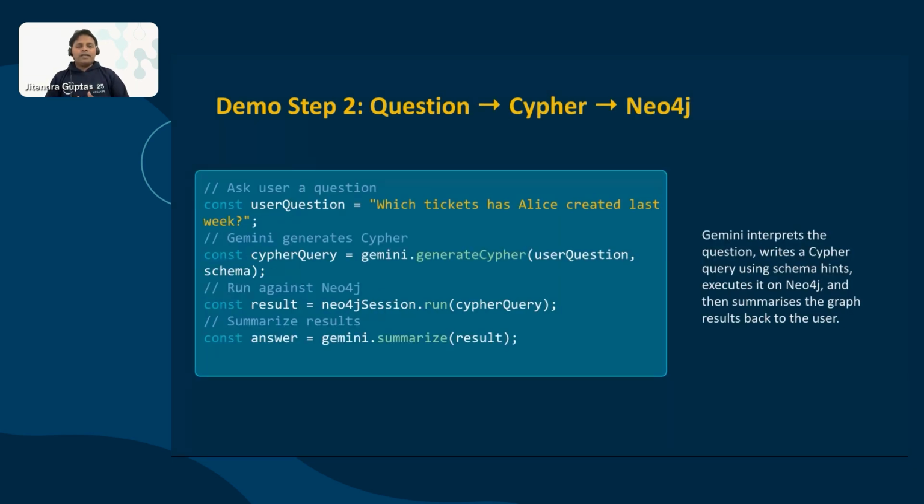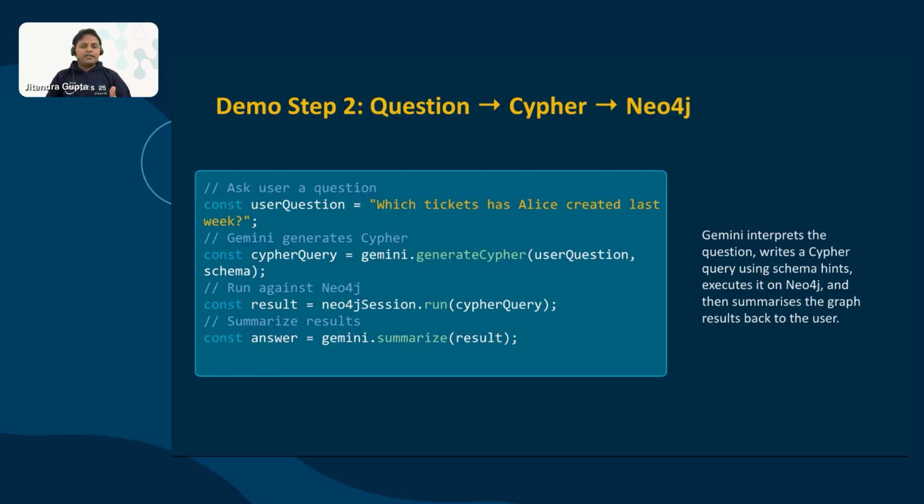Next, once you have deployed these to the environment, let's say a user asks a query and Gemini generates the Cypher commands. Those Cypher commands are passed on to Neo4j as a new session, and the answers are passed back to Gemini.